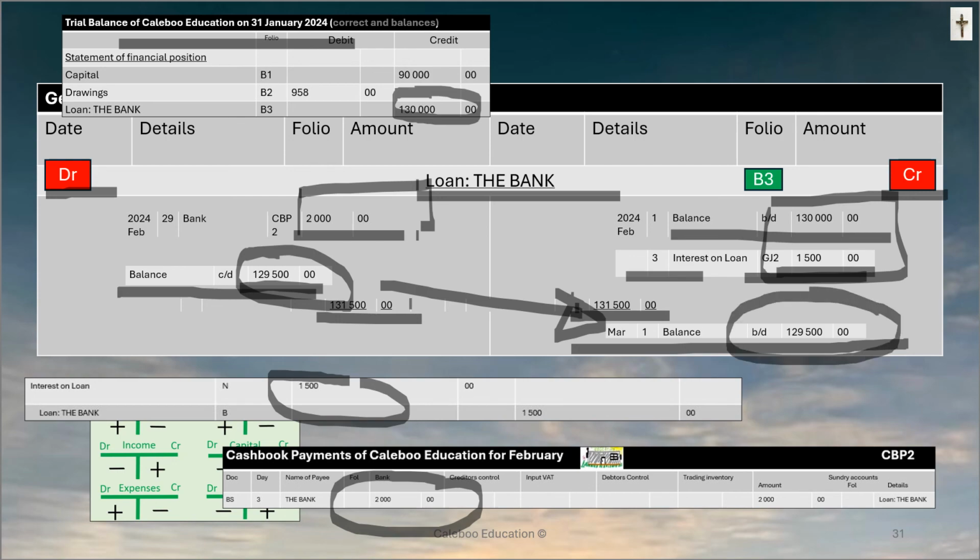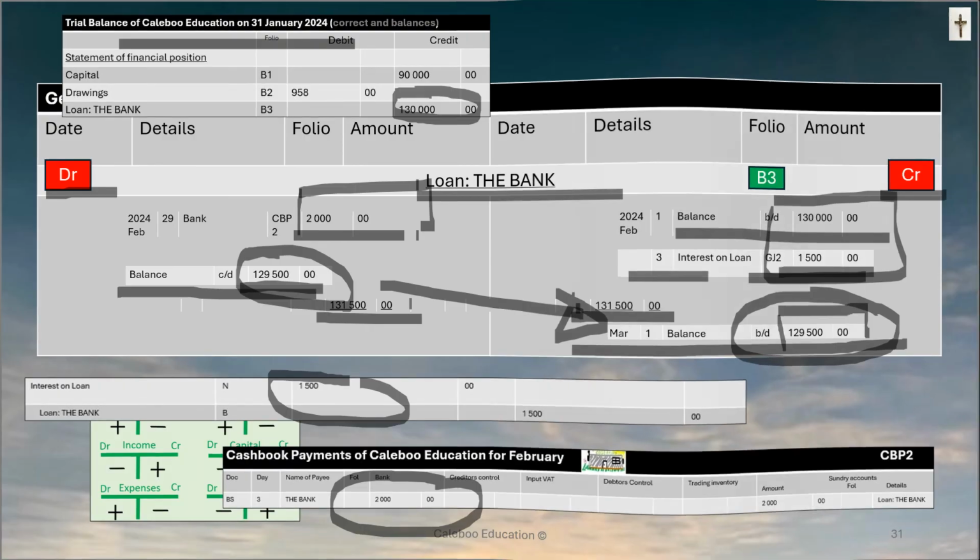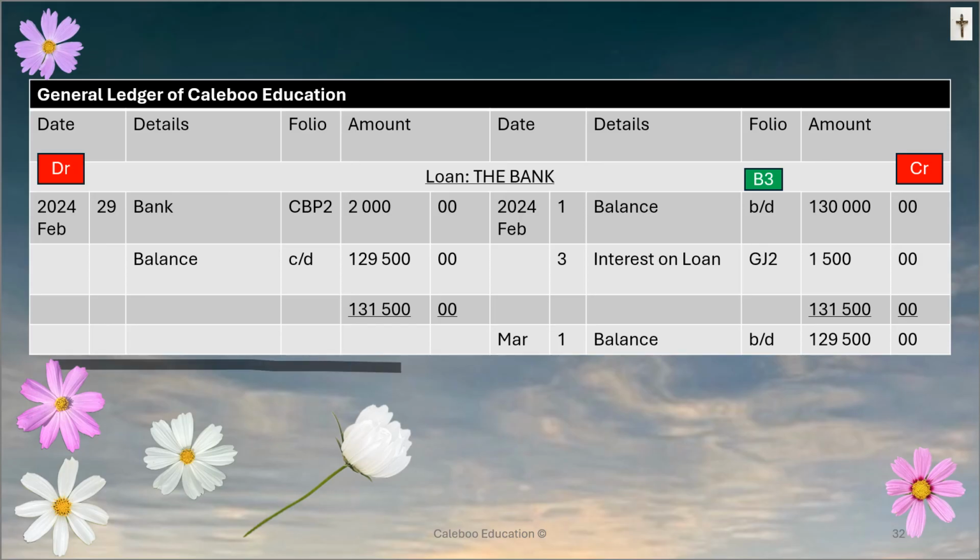And that is the figure we're interested in, because after all the transactions that have taken place with regard to the loan for the month of February, the balance of the loan is 129,500. That is what Calibu Education owes the bank. And once again, written out neatly, there is the loan account of Calibu Education. We have balanced it.